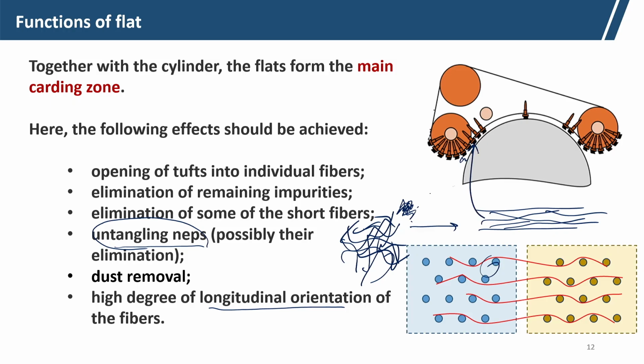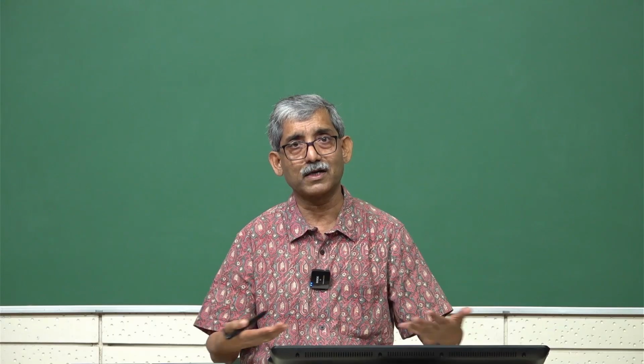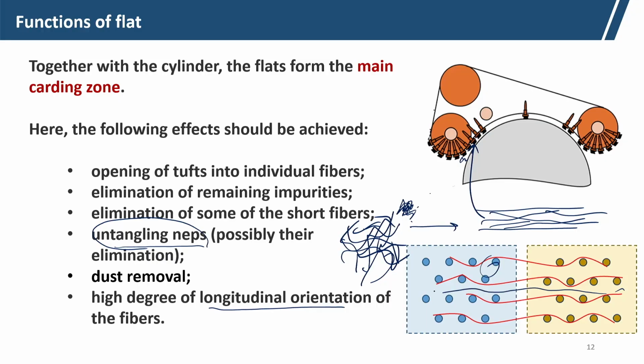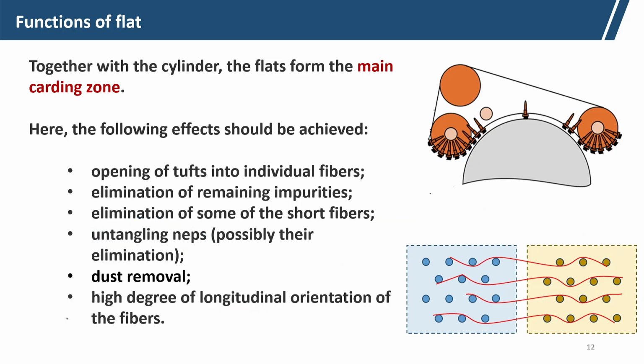By this action, where two series of pins are moving at a certain relative velocity, the fibers are passed through this and get oriented. So, longitudinal orientation of fiber is also important here.